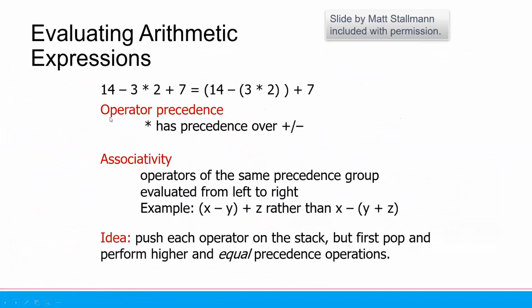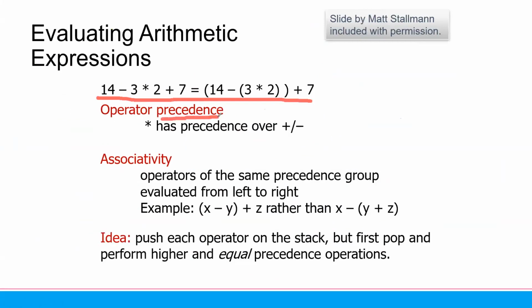How can we do this one? Let's say I have this operation: 14 minus 3 multiplied by 2 plus 7. And if you still remember from programming, we will do the arithmetic expression based on the precedence rule.